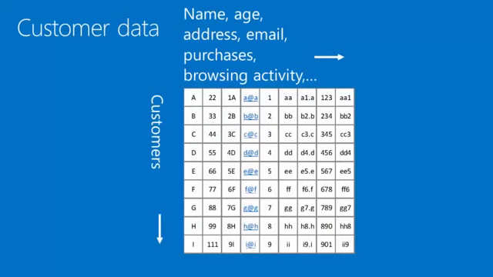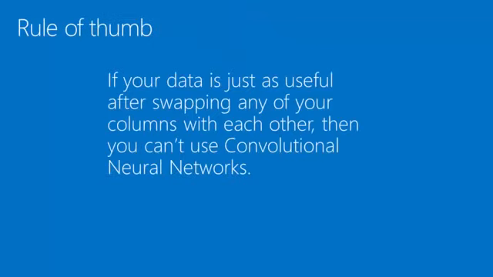If I were to take an image and rearrange the columns and rows, it would result in a scramble of pixels, and it would be difficult or impossible to say what the image was of. There I would lose a lot of information. So as a rule of thumb, if your data is just as useful after swapping out any of the columns for each other, then you can't use convolutional neural networks.